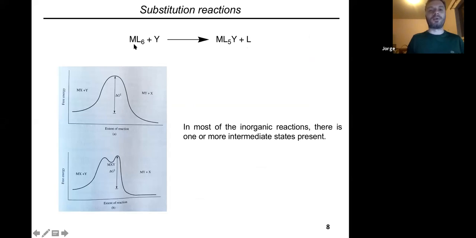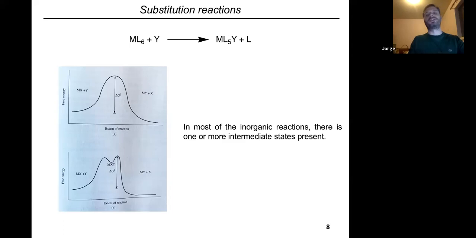So a general example: a metal coordinated to six L ligands reacts with a Y ligand. The Y ligand gets into the coordination sphere and one L ligand is kicked out. That's the net chemical equation, or net reaction.